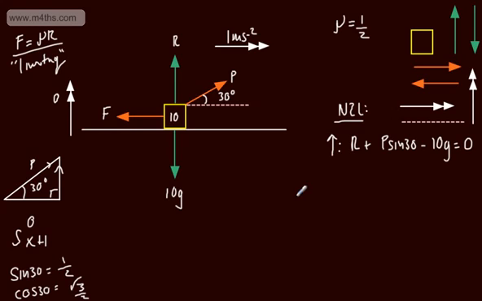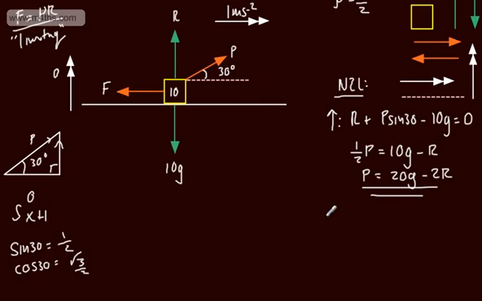But what we could say from here is that 1/2 P, since sine of 30 is a half, will be equal to 10g minus R. Multiplying through by 2, we could say P is equal to 20g minus 2R. So that's one equation. We've still got these two unknowns.